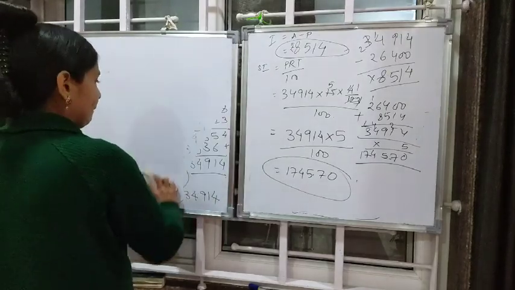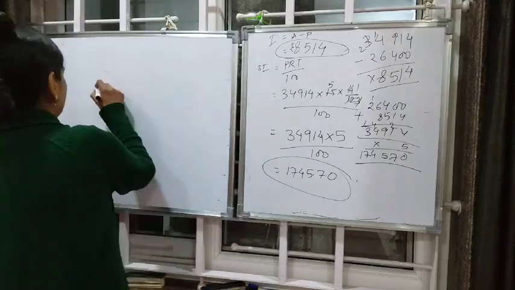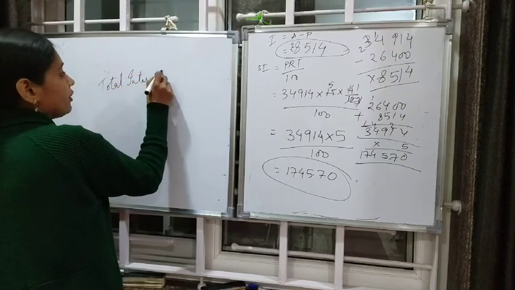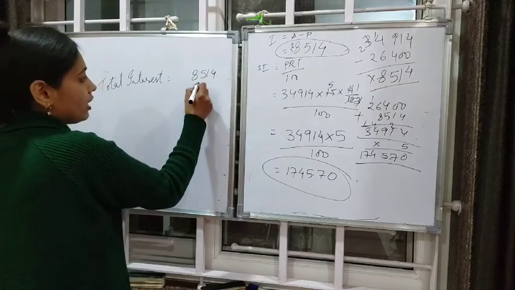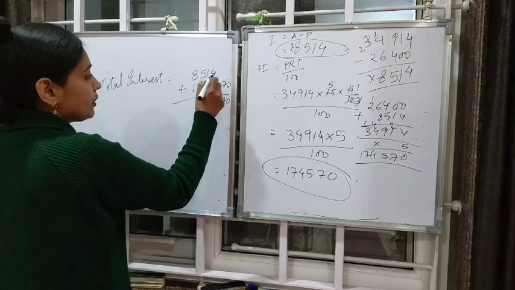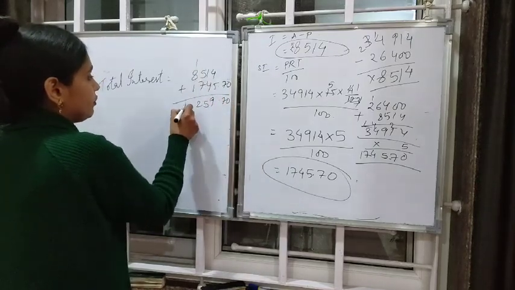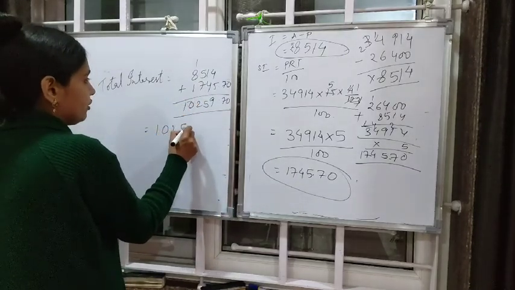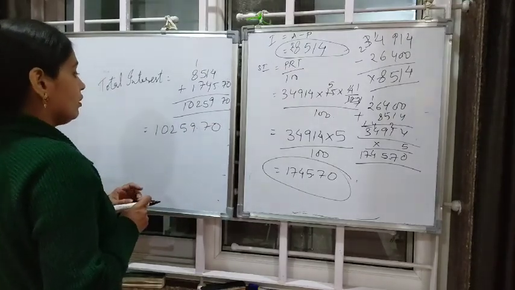Now we find the total interest, that is, we add both the interests, 8514 and 1745.70. 70 remains 70, 9, 5, 12. So it comes to 10259.70. Now this is your interest.